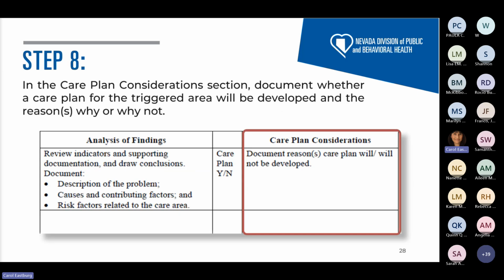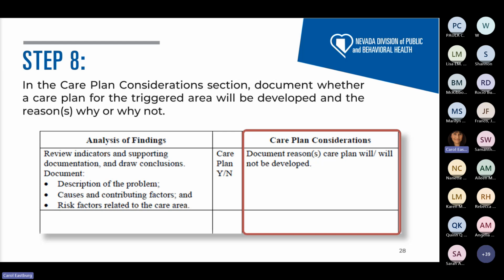Step 8 instructions are to document in the Care Plan Considerations section on the right side whether a care plan for the triggered area will be developed or not, and the reasons why it will or won't be. If an area that was triggered needs to be care planned, indicate yes in the middle column and enter a brief explanation why this care plan is needed in the designated area on the right side.